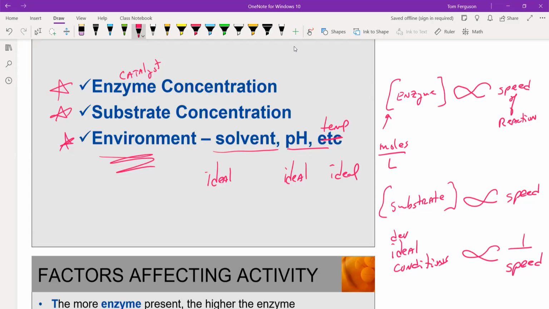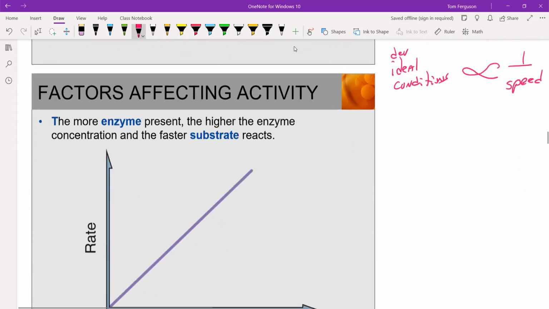Okay, so if we increase the enzyme, speed up the reaction. Increase the substrate, increase the speed of the reaction. And if we change from the ideal conditions under which the enzyme is designed to work, in terms of its conformation, its active site conformation, all that stuff, the speed of the reaction slows down, frequently a lot.